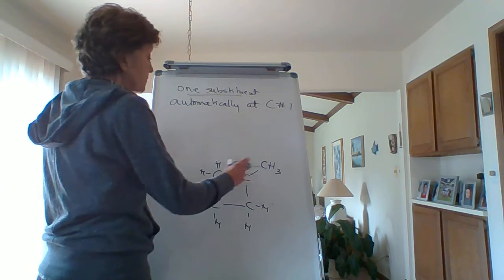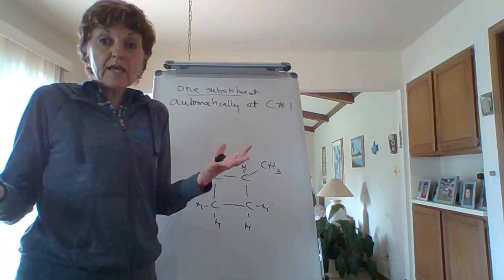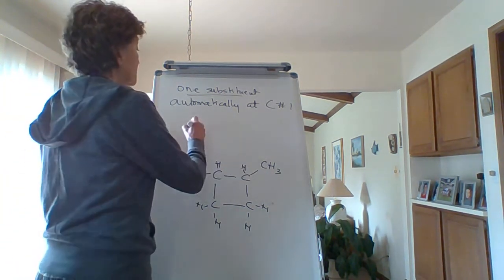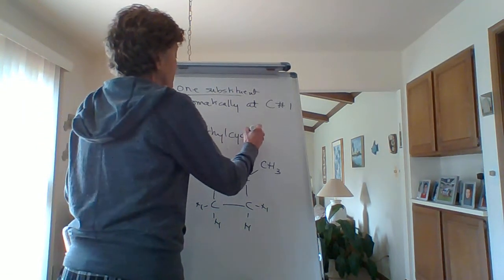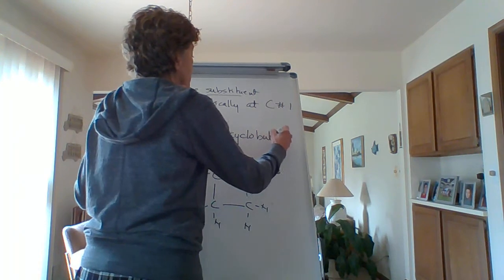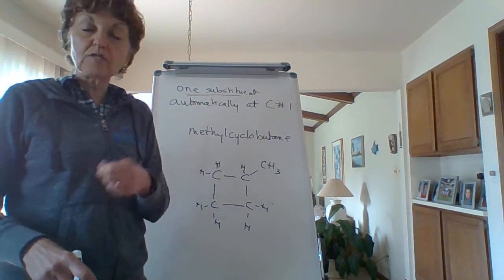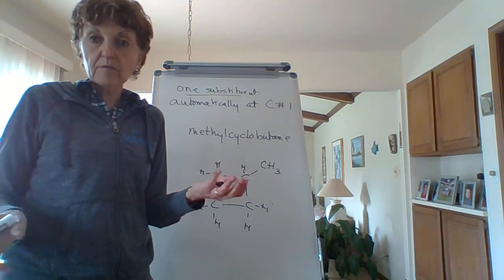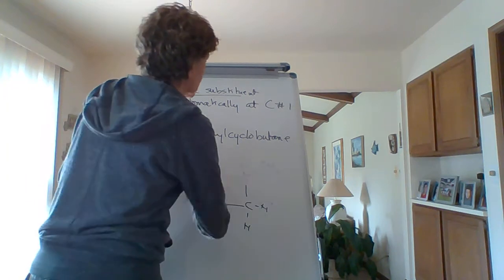So because it's automatically carbon 1, you don't even have to say 1, you just say methylcyclobutane. Because everybody knows that there's a methyl group and it's on the cyclobutane and it's an automatic carbon number 1. All right, let's do another one.